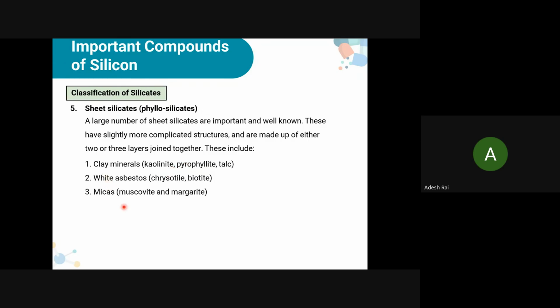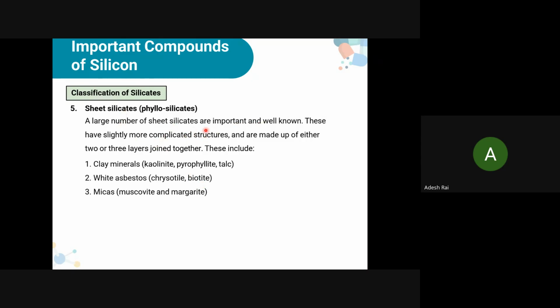Remember this: asbestos and mica are the prime examples of sheet silicates. And white asbestos is classified as chrysotile and biotite. Mica is classified as muscovite and margarite. So these are Mica's further classification, and white asbestos is found in these minerals.